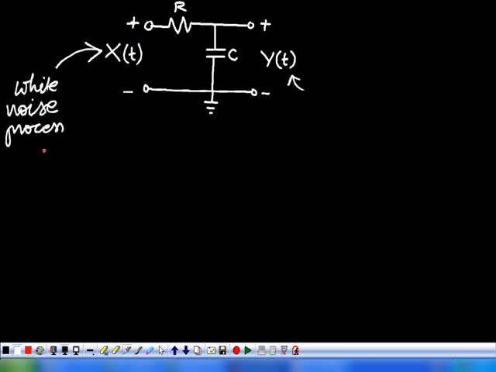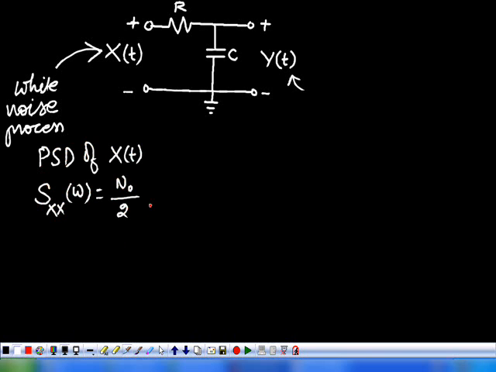Here the PSD of the input X of t is given as N0 by 2. See, the interval is not given. That indicates it is constant. Power spectral density is constant for all values of frequencies.